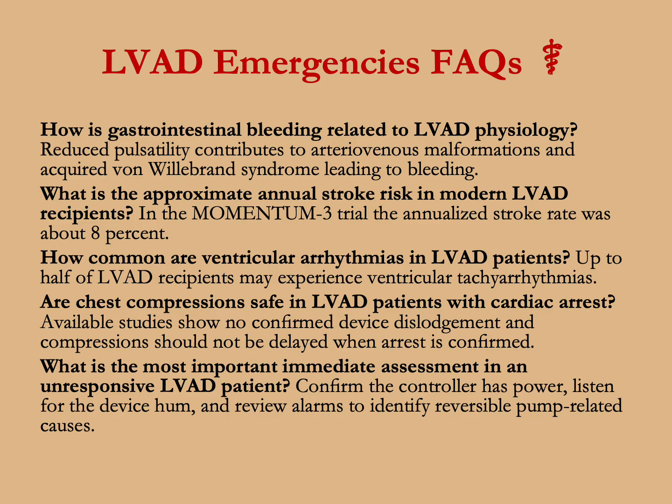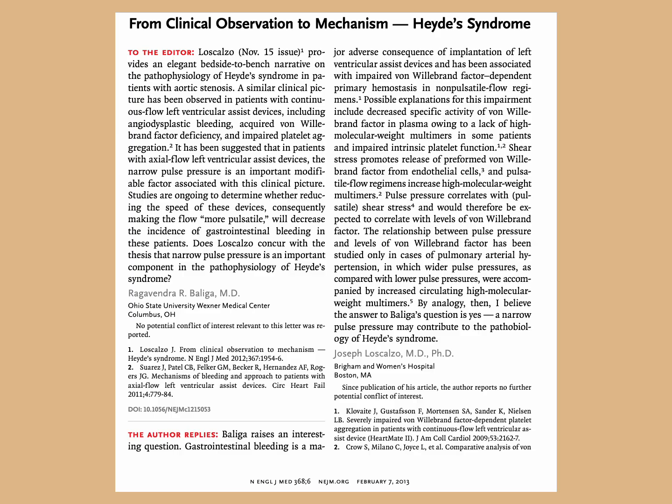The GI bleeding associated with LVADs reminded me of a letter which I authored in the New England Journal of Medicine way back in 2013 regarding Heyde syndrome. Heyde syndrome was first described in patients with aortic stenosis.